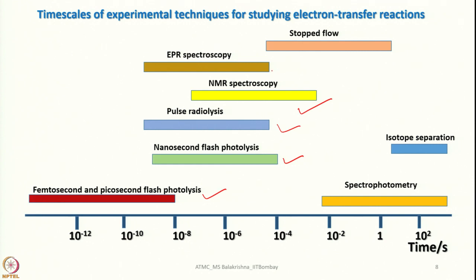And also we can go for EPR spectroscopy if we have unpaired electrons, and then if the range is between 10 to the power of 4 to 10, then we can conveniently go for stopped flow, or if it is very slow, we can go for spectrophotometry or even isotope separation. So, we have ample experimental techniques readily available for studying electron transfer process.